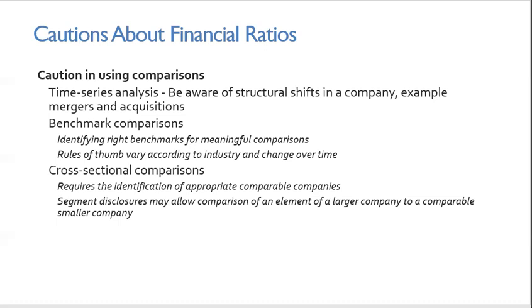So baka hindi comparable yung previous results niya sa current results kasi iba na yung itsura ng business. Okay? In identifying benchmarks, of course, we want to identify the right benchmarks for meaningful comparisons. No? And you want those comparable companies to be really of the same size or of the same characteristic as the company that you are studying. Okay.